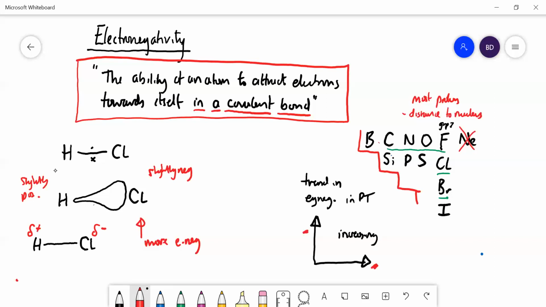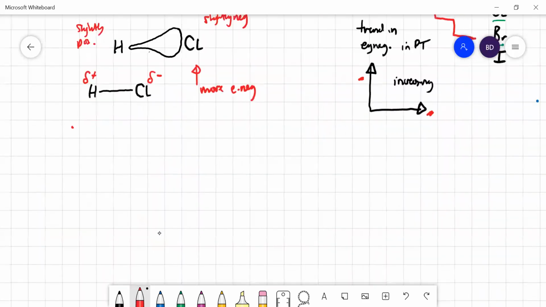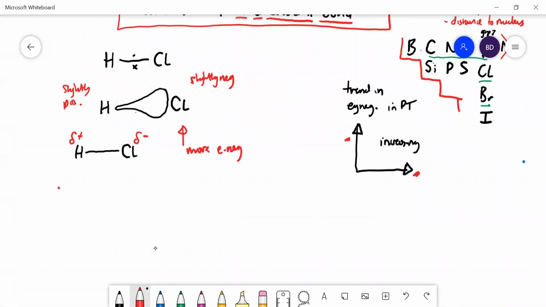Delta means it's a little bit. If it was just minus, it would mean chlorine has a whole electron more than it should have. It hasn't got that much, just a bit more than it should. The hydrogen is not H plus, but it hasn't got quite as much of that electron as it should do. We can say that this molecule has got a dipole. We call this a dipole when you've got this uneven sharing of electrons.